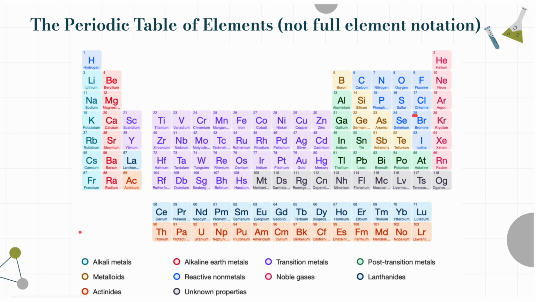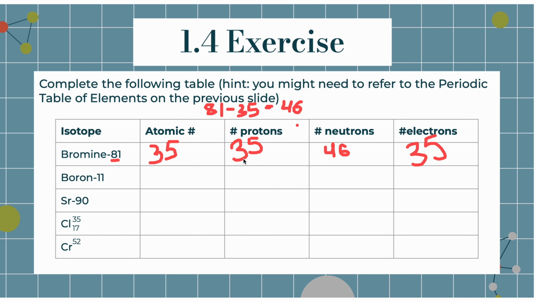Let's find it just to check. Chlorine, atomic number of 17. That means it has 17 protons and 17 electrons. Let's calculate the number of neutrons. 35 minus 17 would give us 18.